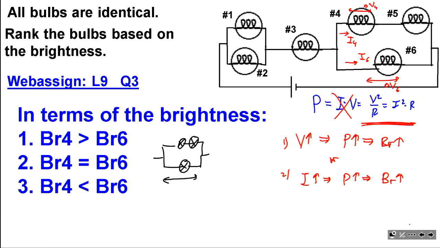If this voltage is wherever it is, how do I call it, delta V6, it has to evenly split because those bulbs all have exactly the same resistance, so that should be 1/2 of delta V6, and that should be 1/2 of delta V6.